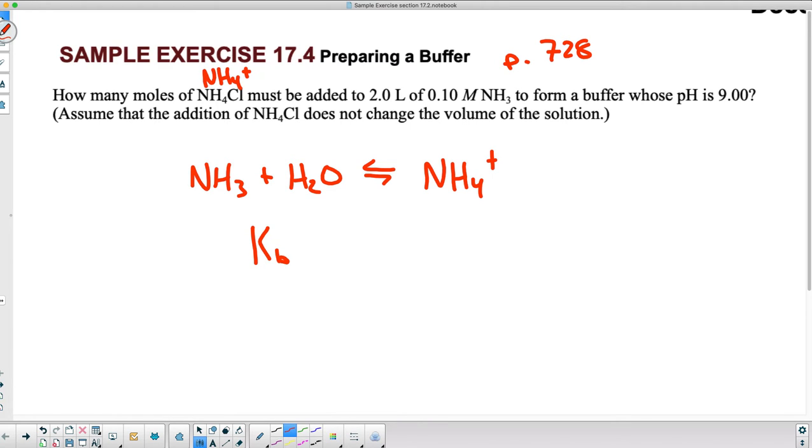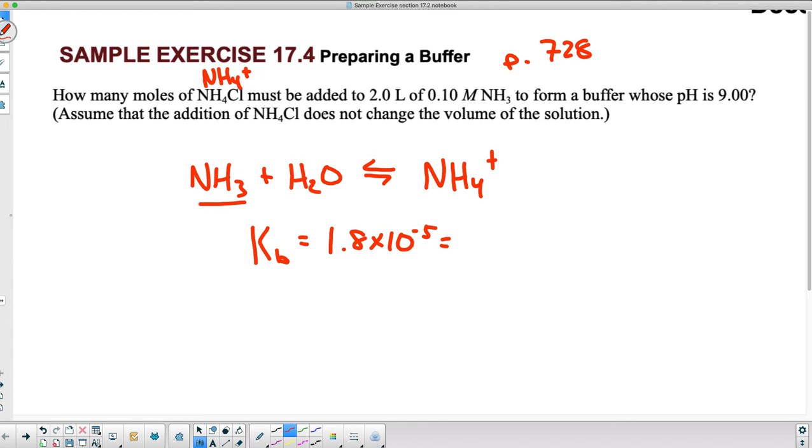Now, there should be somewhere we can find the Kb of NH3. If you look in the back of the book, you will see that it says 1.8 times 10 to the negative fifth. That's the Kb for NH3.